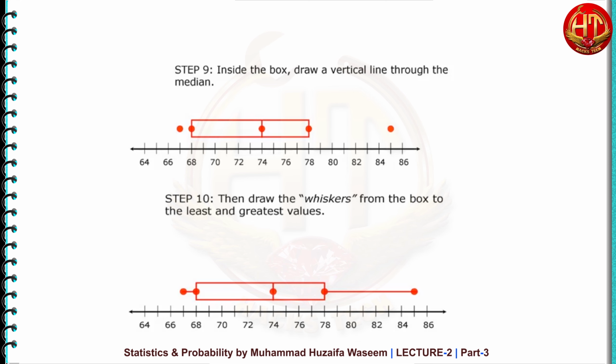Step number 10, then draw the whiskers from the box to the least and greatest value. So this is your complete box plot. The central line is the median, then the minimum point, then the maximum point, the first quartile, second quartile, and third quartile, which is your complete box and whisker plot, which is also called the five number summary.